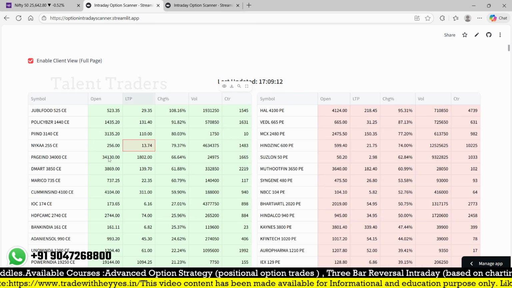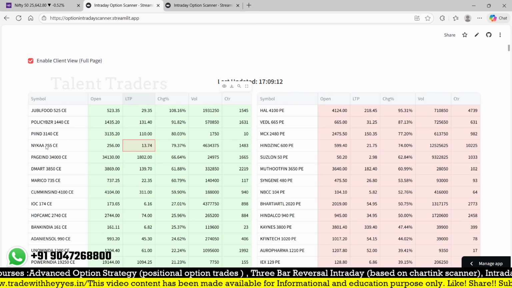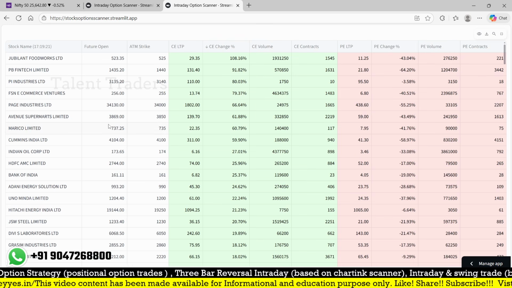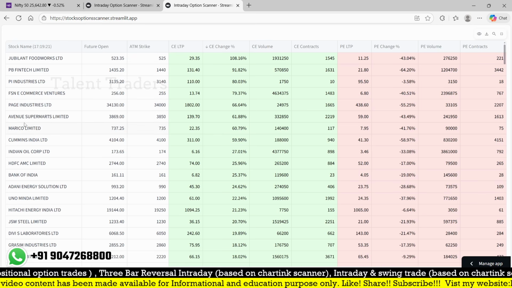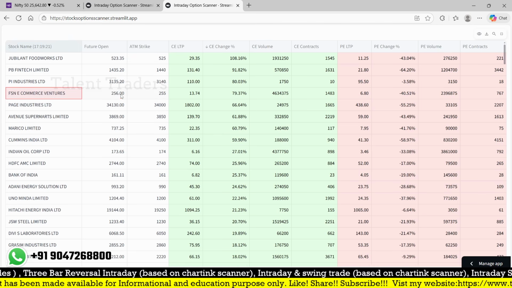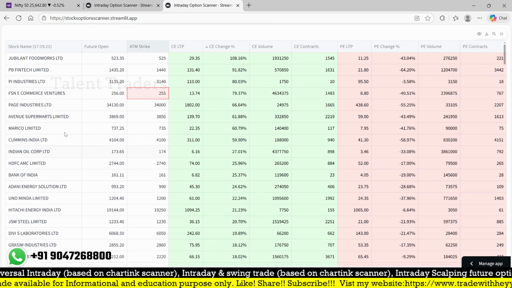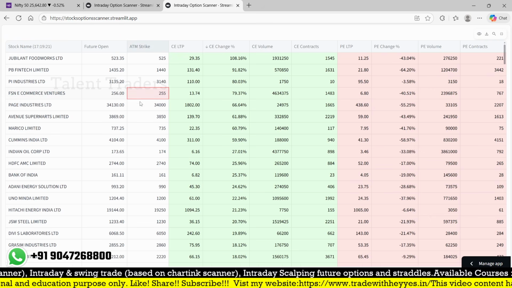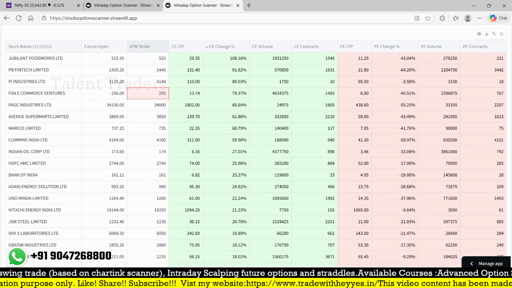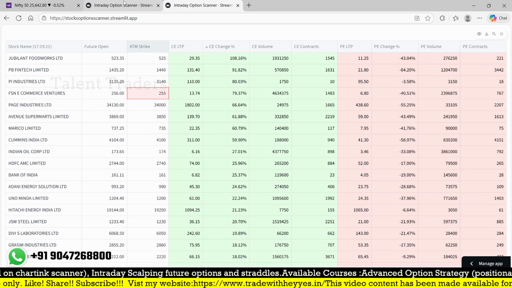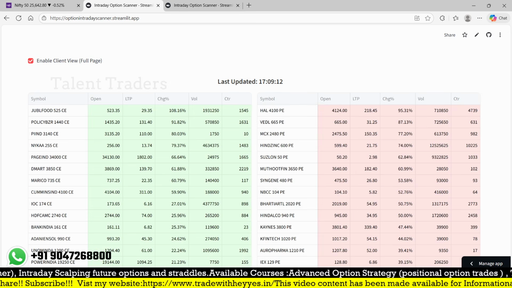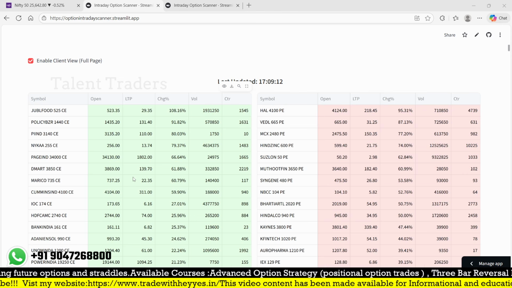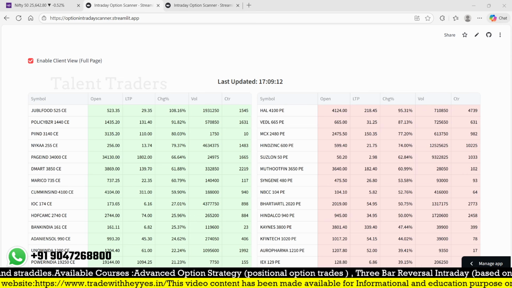Here I just use the open of 256, with 255 as the strike price and 13.74. In the previous version, the strike price was a different column, like FSN 256, 255 call option. But here we merged these two, first and last. That means the stock name with the ATM strike is simply the Nykaa 255 call option.